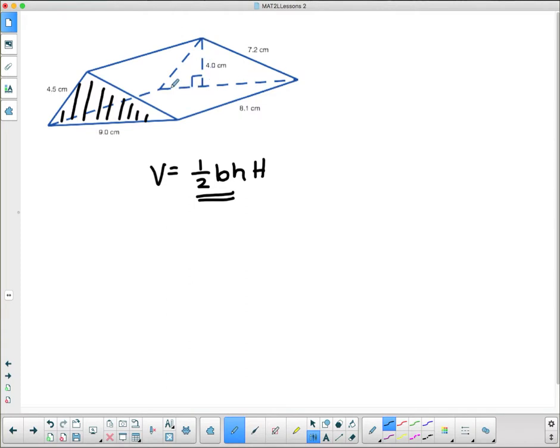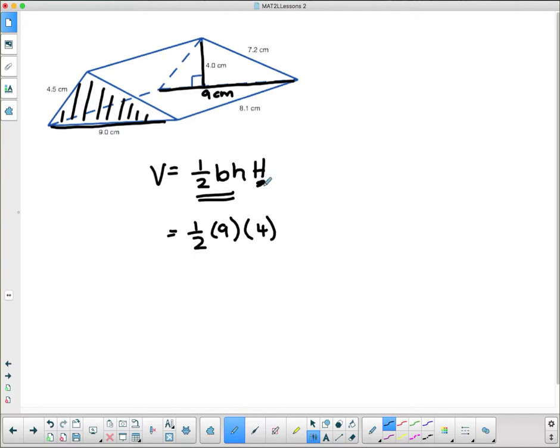On a triangle, the height meets the base at a 90-degree angle. So what we need there is 1/2. The base is 9 centimeters on this, because if this is 9 centimeters here, then this is 9 centimeters over here. So 1/2 times 9 times 4 is the height of that triangle in there.